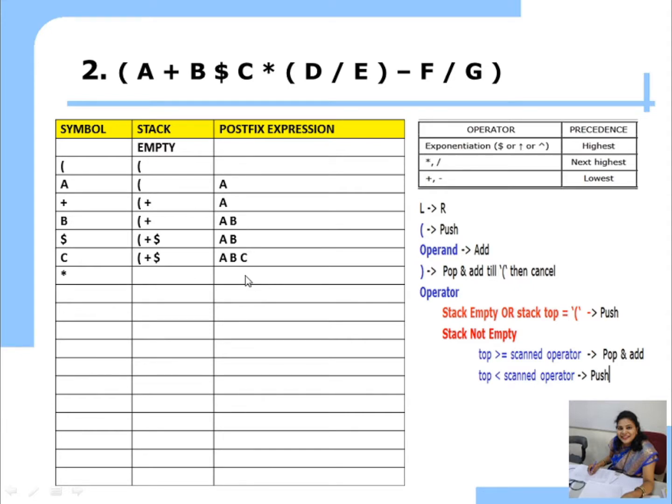So here will be A B C dollar, and the stack will have left parenthesis, plus and the multiplication sign. See, whenever a multiplication sign is encountered, whatever is equal and greater will pop from it and be added here, and whatever is lower will stay here only. Okay. So plus was lower than the multiplication sign. So it stays here and you are going to push the multiplication sign.